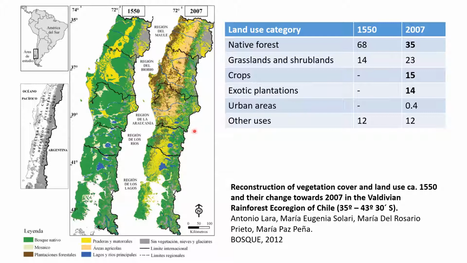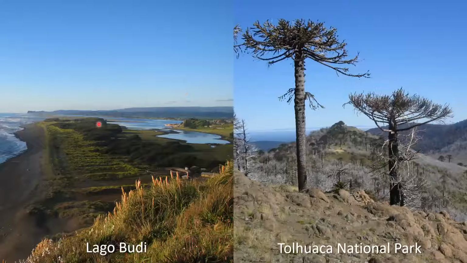We will focus during this talk on the Araucanian region. In the Araucanian region, the intensity and the magnitude of the human impact has been quite different in the coastal and also in the Andean areas, as I will show you in the following slides.